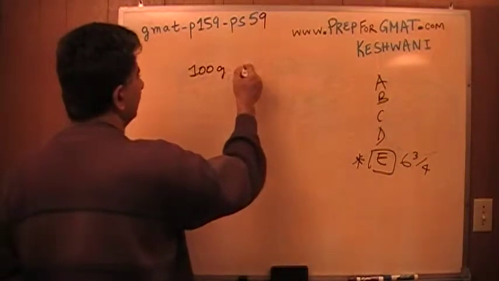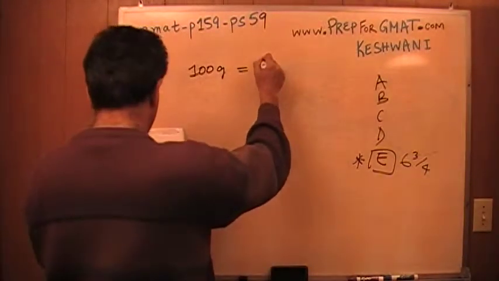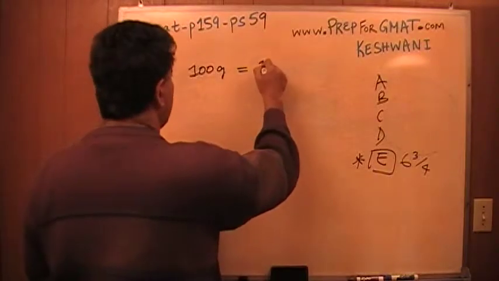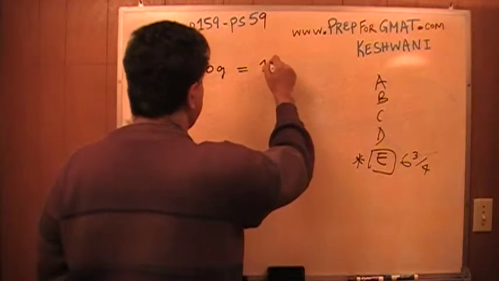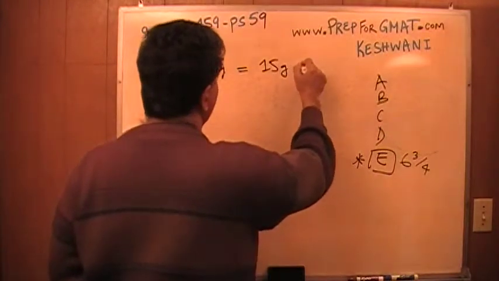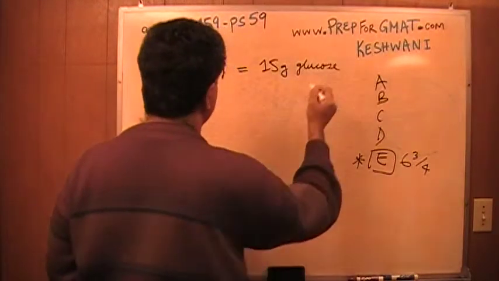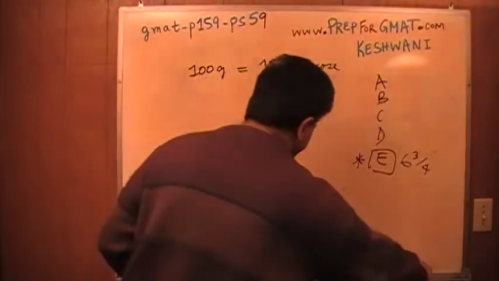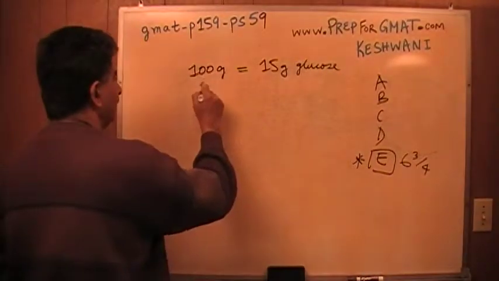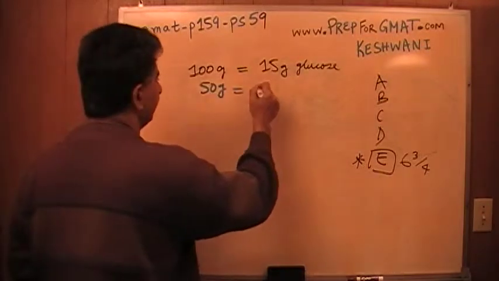100 grams we know contains 15 grams of glucose. Therefore, it follows the logic that 50 grams should contain 7.5.